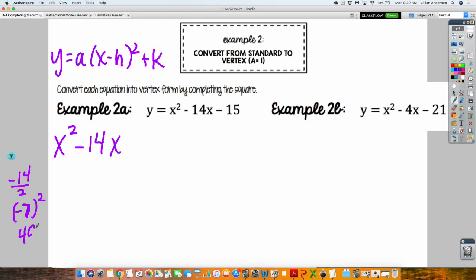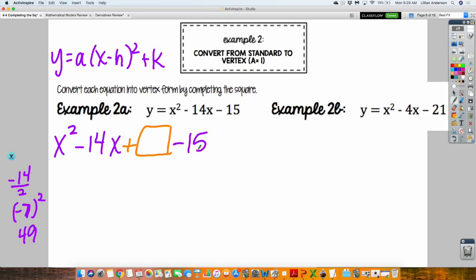Now, this is where it gets a little different. We have successfully completed the square. But you remember how there was a negative 15 that was there? You just can't forget about it. It's still there.